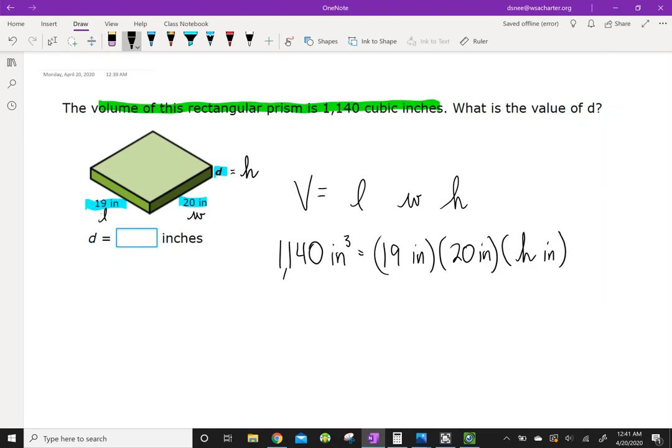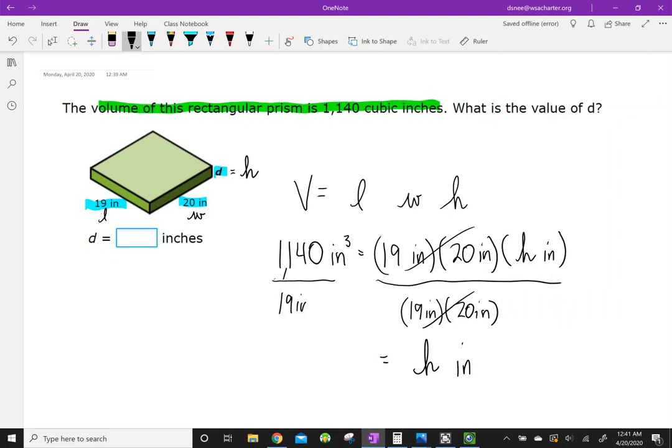If I divide both sides by 19 inches by 20 inches, those cancel, and I'm left with h inches equals, how many was that? 3.